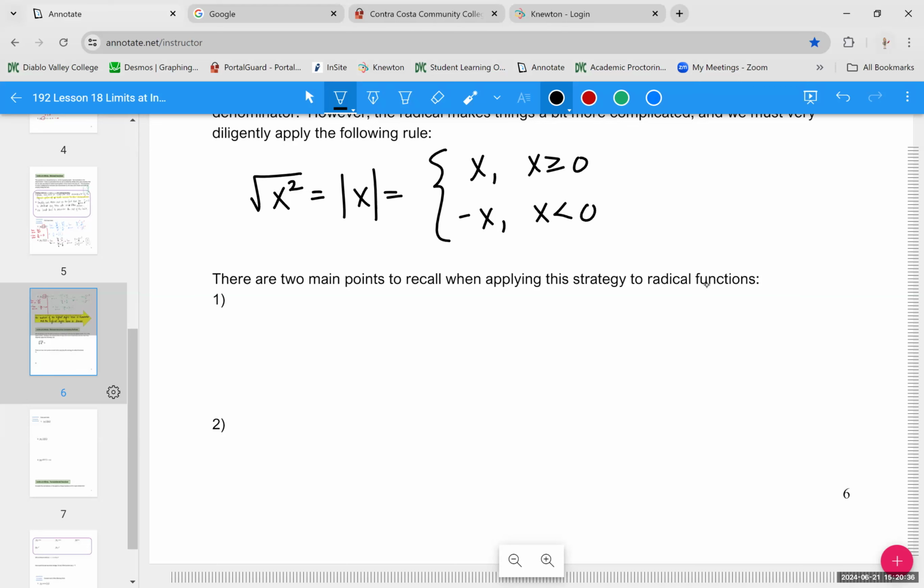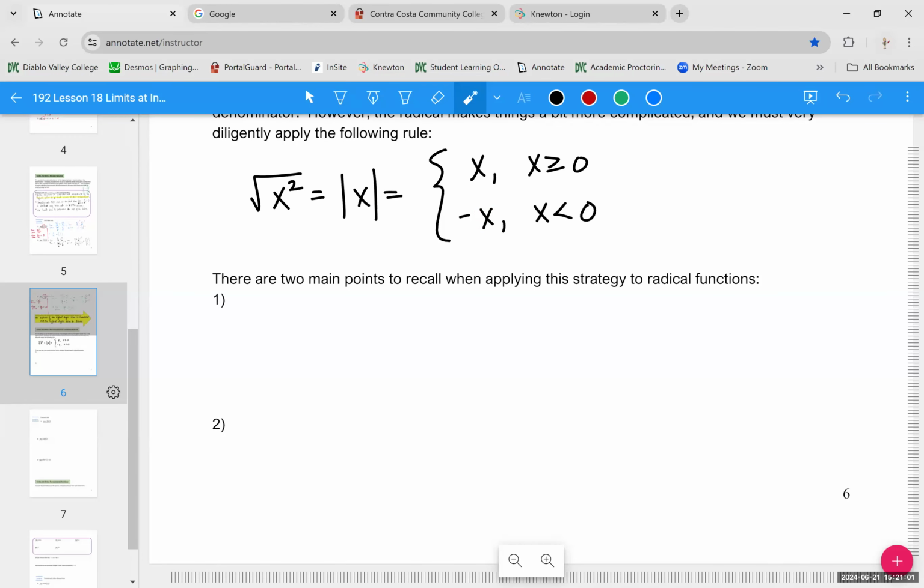So let's just take a minute to convince ourselves that this is true. If I start with a negative number and I put it in here, I'm going to square it. So -3 squared is 9. This tells me the positive square root. So the positive square root of 9 is 3. So if I started with -3, I put it in here, I'm going to get out 3, which is the opposite of what I started with.